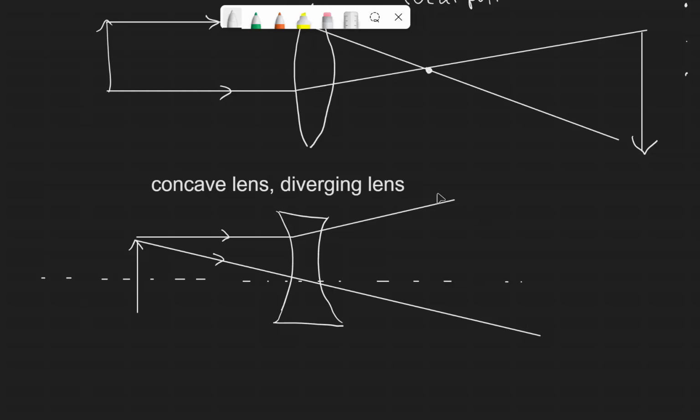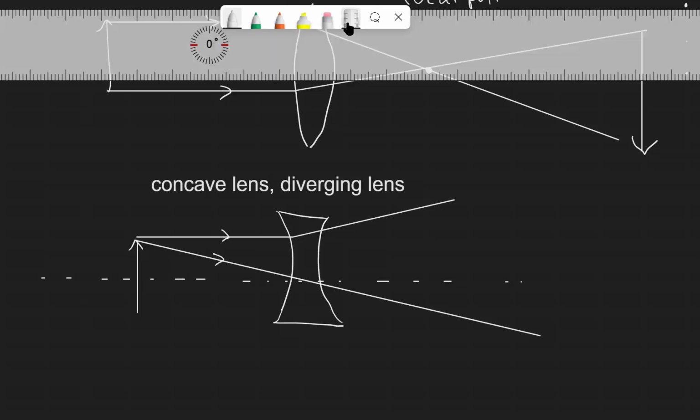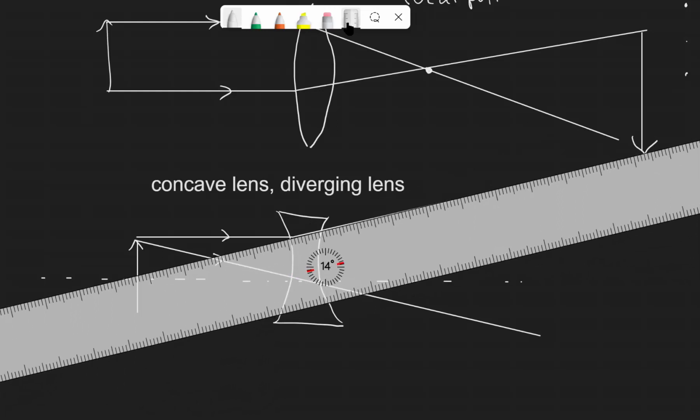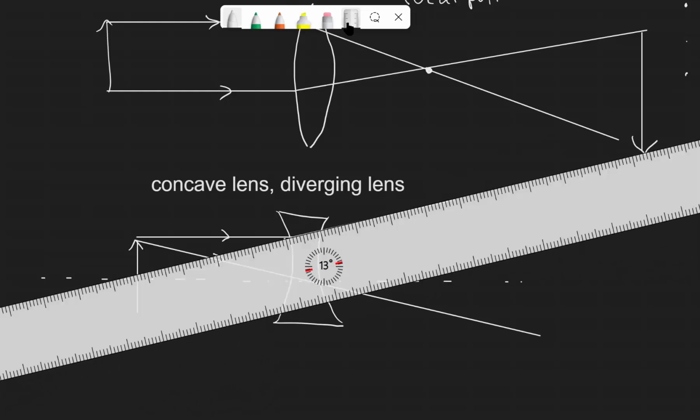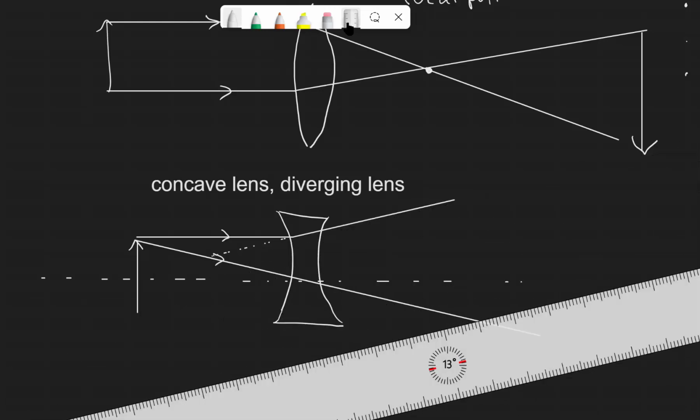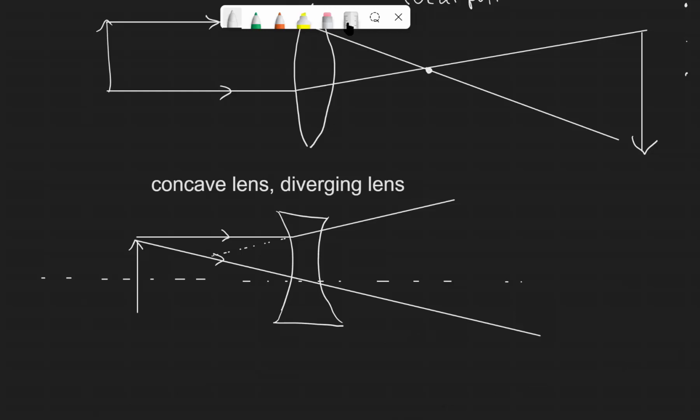But notice that those two rays are going far apart from one another, i.e. they are diverging. So those will actually create a virtual image. How do I create a virtual image? I imagine where this ray is kind of continuing, so I'm going to draw a dotted line, and where it meets the other ray, it is going to form an image.